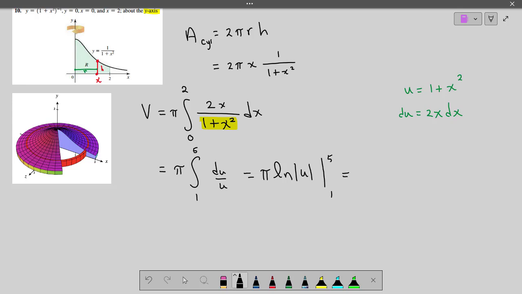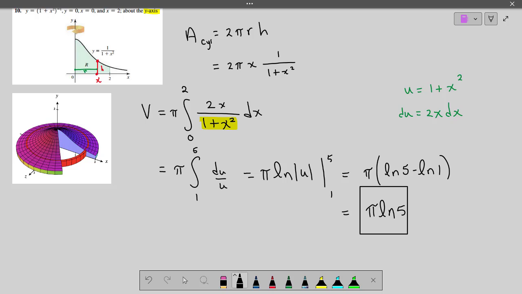So we're going to have pi multiplied by ln of 5 minus ln of 1. And we know ln of 1 is 0. So this will be our volume. That makes sense? So that's going to be pretty nice.